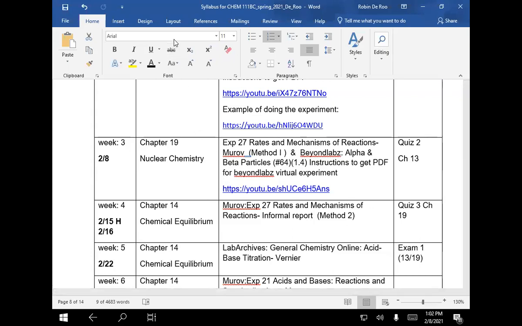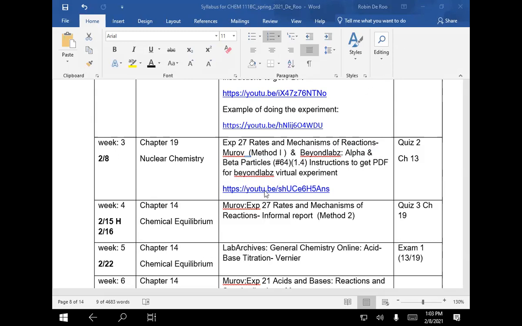So the way you get your instructions is always the same. This is the name. For this week, it's alpha and beta particles. So this is your Beyond Labs. You go to the same place where you get your PDF instructions, but you get the alpha and beta particles. And to see how to do that, this is the little URL where I showed you how to get that.